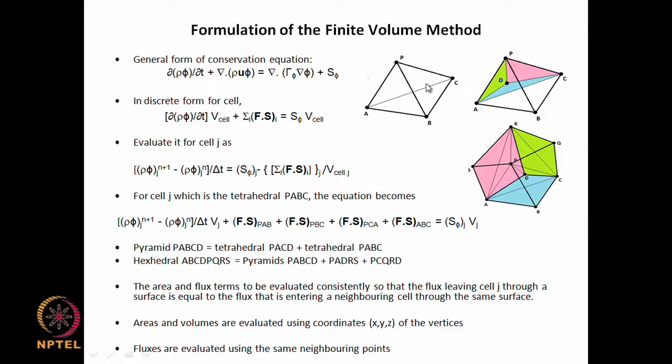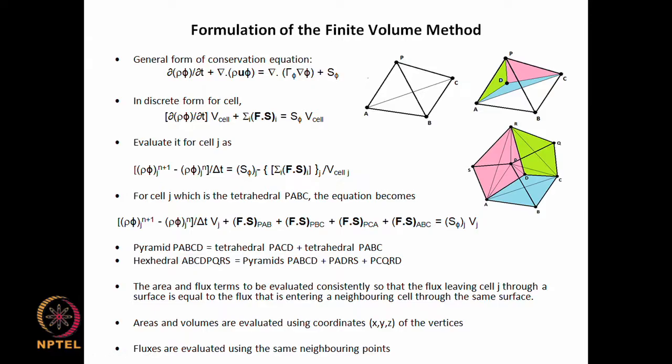Okay. So, when you write this type of functional equation form, we are talking about a flux which is entering through a face or leaving through a face. A flux leaving through this particular face has to go into the neighboring cell, and the amount going into the neighboring cell must be the same as the amount leaving this one. Otherwise, we have a problem with consistency.